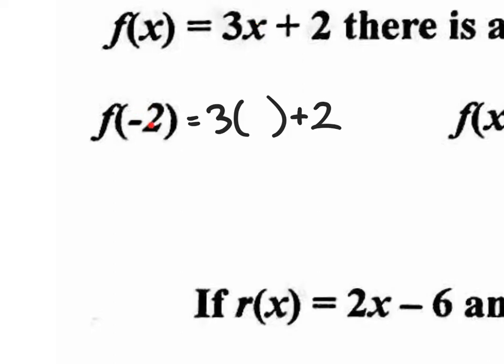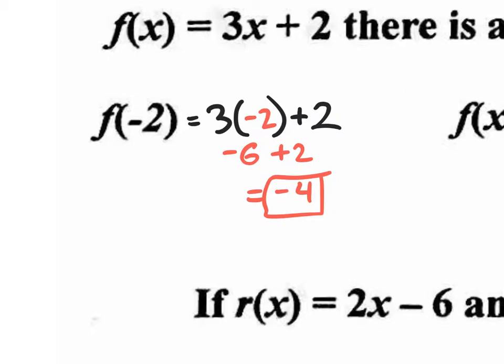The negative 2 is what I plug into x. After all, over here it says f of x, and the x got replaced with the negative 2. That's a notation for saying, hey, replace your x's with negative 2 in there. Okay, so let's plug in a negative 2 in there. Let's work it out. 3 times negative 2 is negative 6. Bring down the plus 2. Negative 6 plus 2 is negative 4. That's as easy as it could get, right? We all know how to do that, yeah?